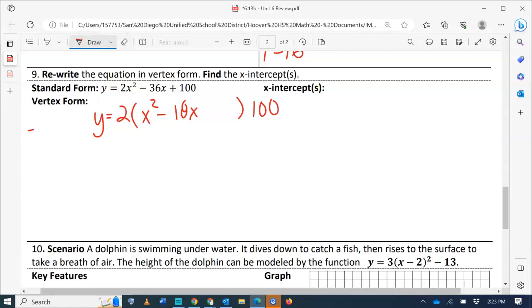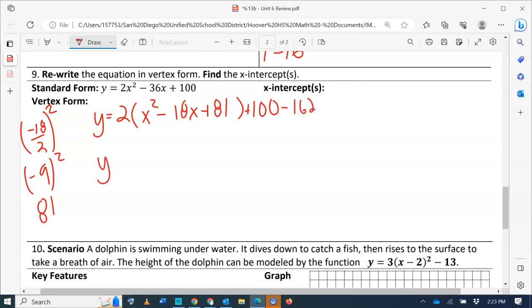So negative 18 divided by 2 squared is negative 9 squared, which is 81. So positive 81, but we're really doing 81 times 2, which is 162, and it's on the same side of our equal sign. So instead of a positive 162, it's a negative 162. So 2 times x minus 9 squared, and this is negative 62.